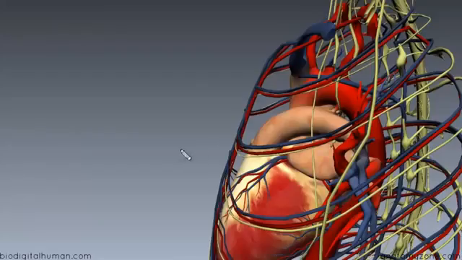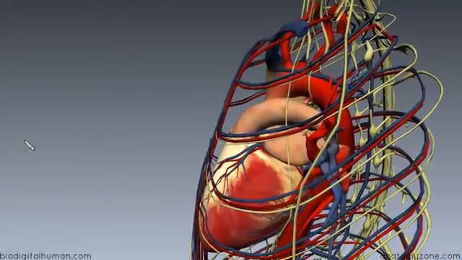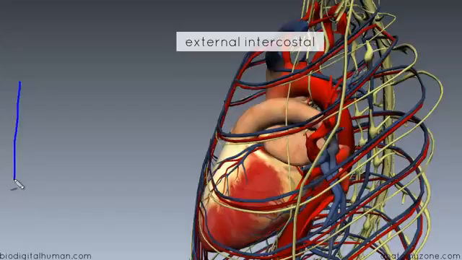So just to give you a better idea of how the structures are organised from superficial to deep, I'm just going to draw a little diagram on the side. So the first muscle you've got is the external intercostal.